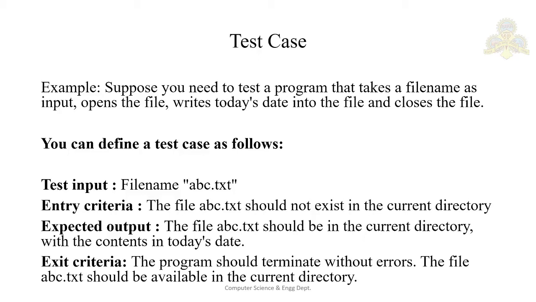So the test input for your program is the file name. Entry criteria is that the file should not exist. What you are expecting from this program is that the file should be in the directory and have today's date, and the exit criteria is that you should not get any errors and the file should be present in the current directory.